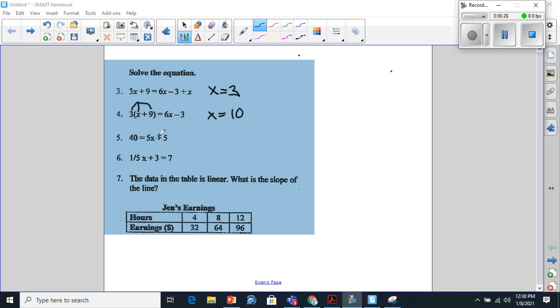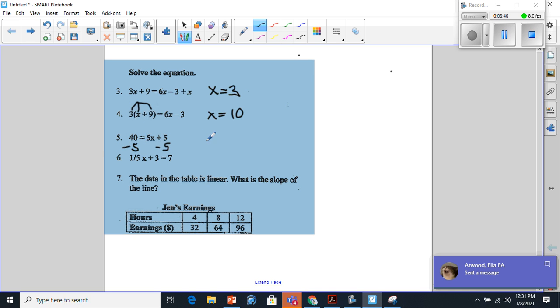All right, we're moving on to number 5, which seems kind of easy next to the others. First of all, I'm going to go ahead and move this positive 5 away from here. I'll subtract 5 from it to get rid of it. Whatever I subtract from one side, I subtract from the other. 45 minus 5, that's going to give me 35. So let's rewrite this over here.